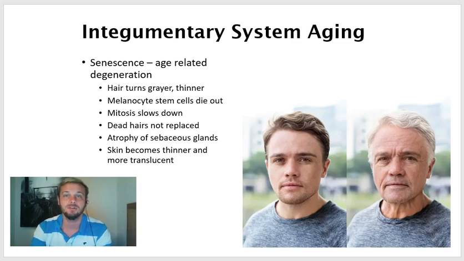The number of hair cells you're making slows down, and then they don't get replaced. You also get an atrophy of sebaceous glands, and so you're losing that oil, that protection that helps to keep your hair healthy and your skin healthy. And so the hair gets drier and more brittle, and the skin actually becomes thinner and more translucent.